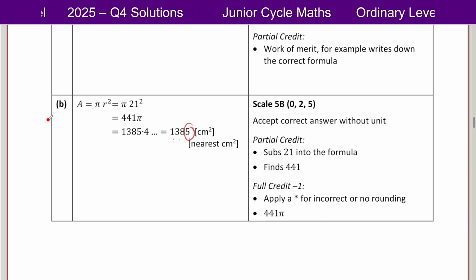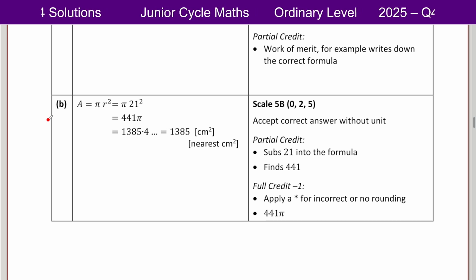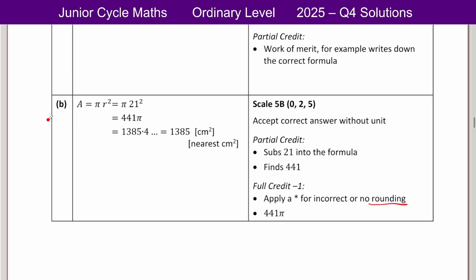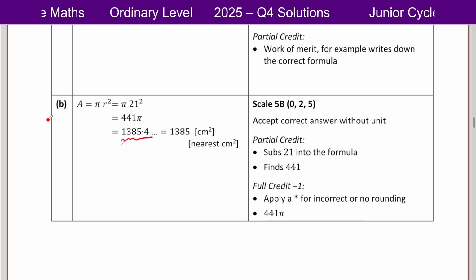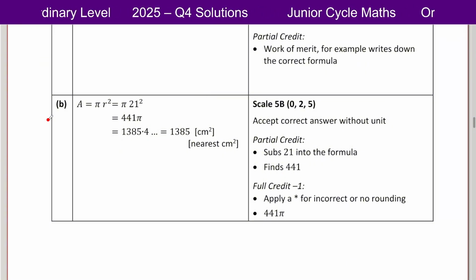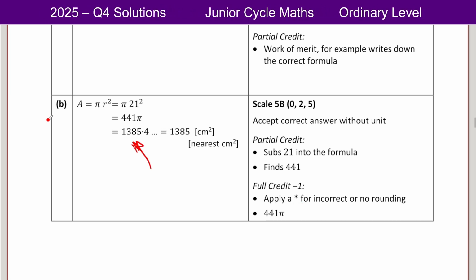So if we give maybe 1384 or 1386, it means that we have incorrect rounding. Or maybe there is no rounding at all, we just give the full answer without rounding. So in that case, the examiner will assign a star annotation on this part.